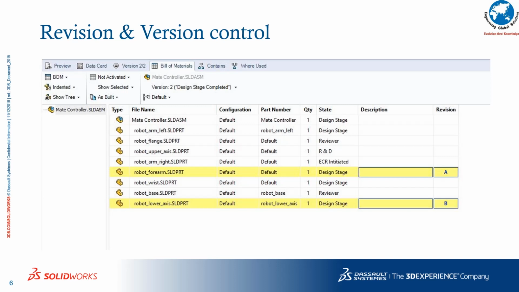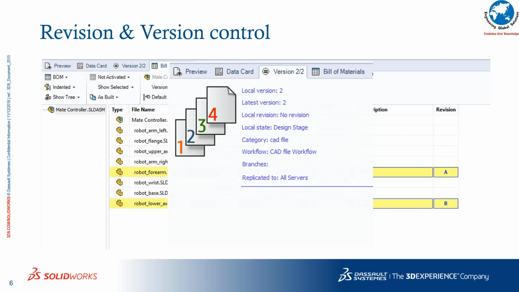It will automatically synchronize the BOM also, so there is a lot of manual error cut off. This is the version. Each and every change on a daily basis you can capture as a version, as we already saw.